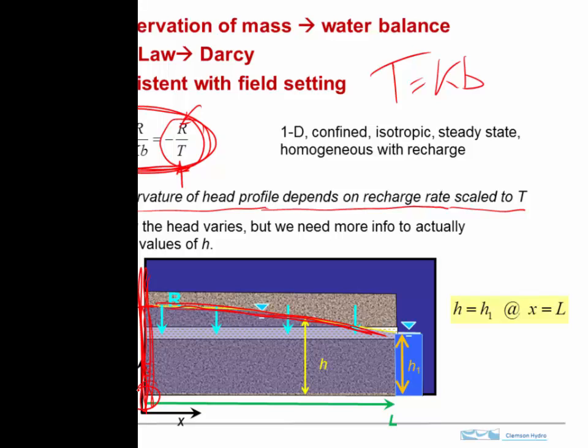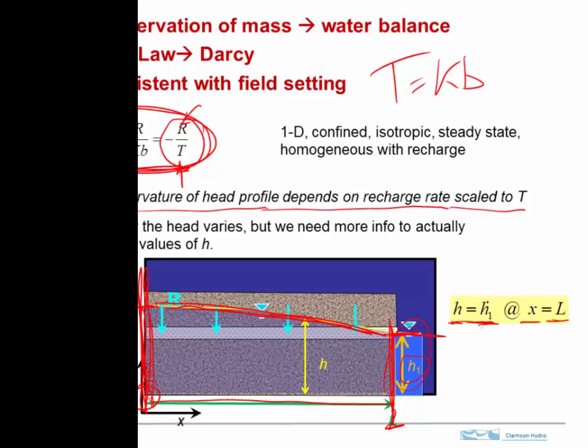On the other side, we have a boundary condition over here, and we have a stream on this side, and we are assuming that the head in the aquifer is equal to the head in the stream. So the head in the stream is H1, and for our assumption to be satisfied, the head in the aquifer has to equal H1, the head in the stream, at x equals L. So when x equals L, we're out here, and the head in the aquifer has to equal H1.